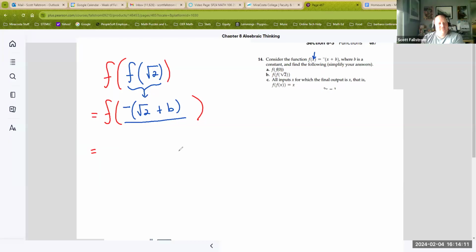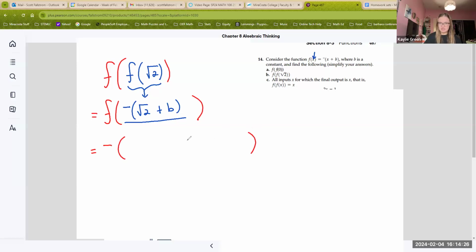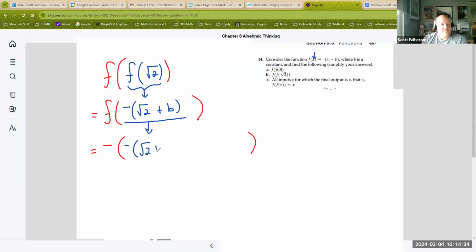And then it's already equal to the opposite of the square root of 2 plus b. So hold on, now I'm going to change colors. This becomes the input. So this is the opposite of the square root of 2 plus b. There's that piece.